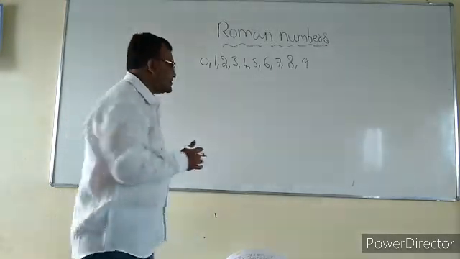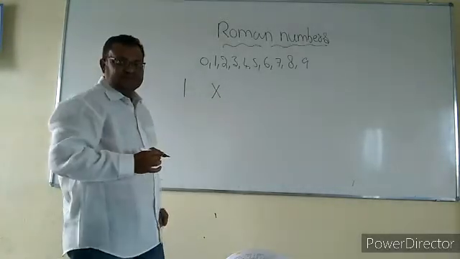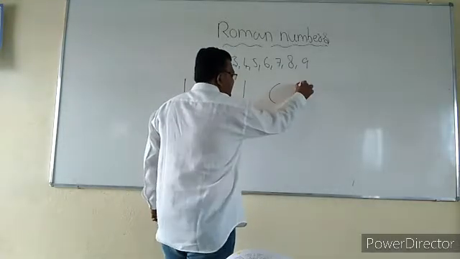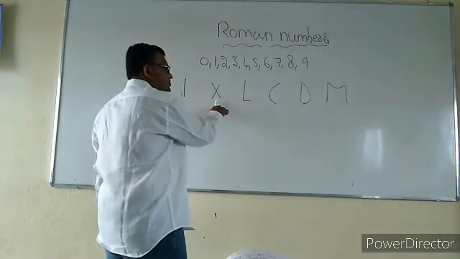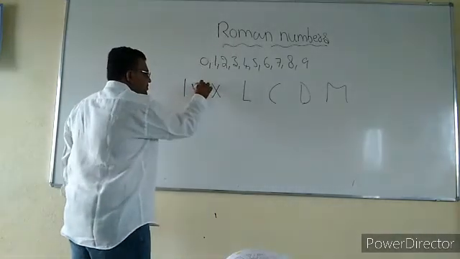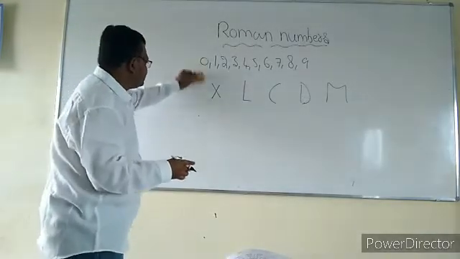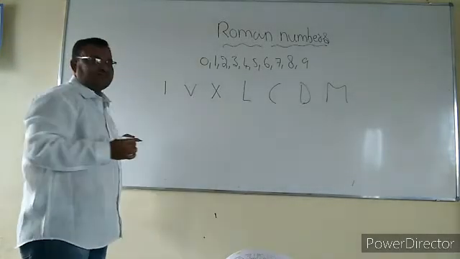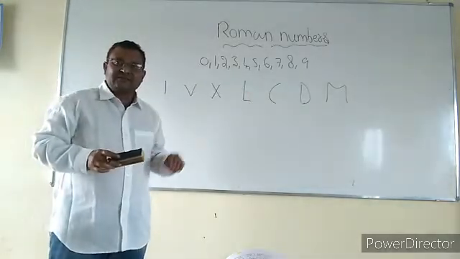What are those? I and this X symbol, L, C, D, M. Romans used only these 7 symbols.